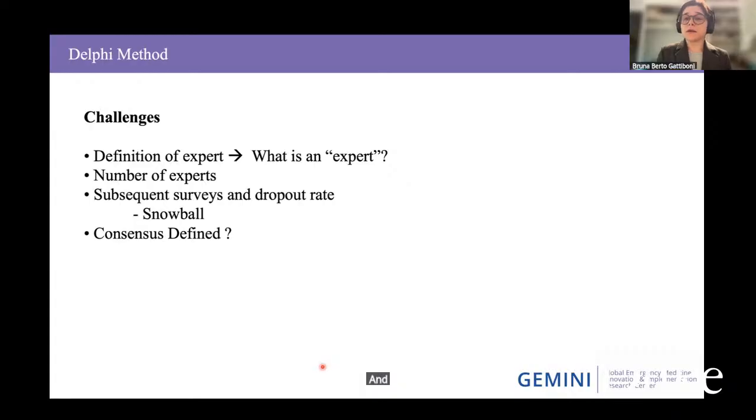And how many experts you need for your research is another hard topic.